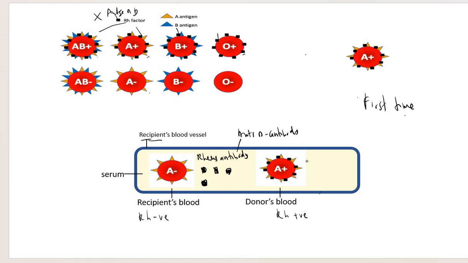It is produced when the antigen D enters the blood of the recipient, coming from the Rh positive blood. Although both are blood group A, this one is A negative, meaning Rh negative, and this one is Rh positive. So the presence of antigen D makes the recipient's blood produce rhesus antibody or anti-D antibody. This antibody will not disappear; it will remain in the blood of the recipient.